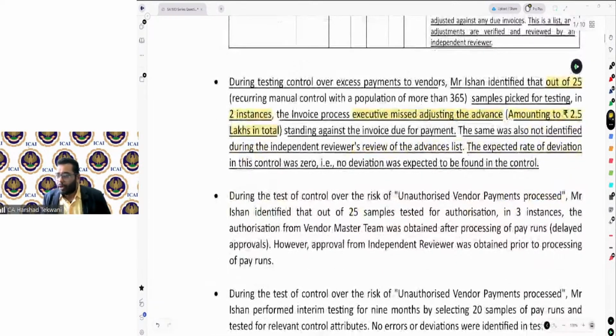So Pranav, information has been given in the question about this. I'll recommend again to read this paragraph. Can I say the control is operating effectively?